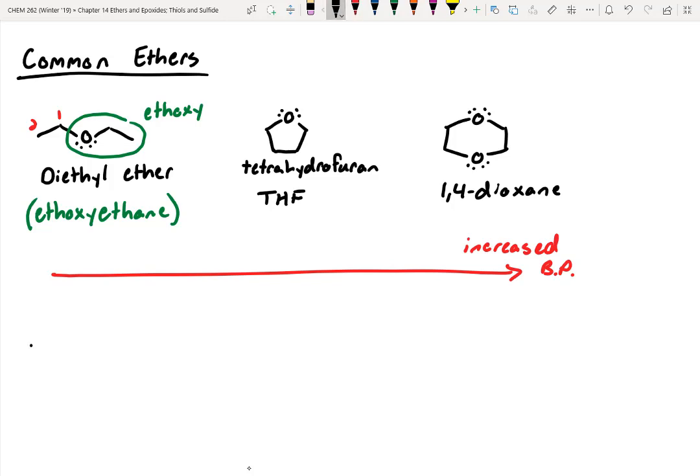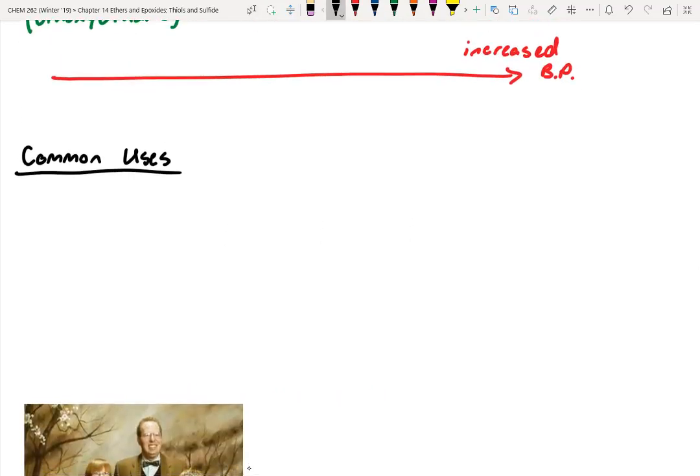All right, that leads us to the common uses of ethers. The first one I've already mentioned is it's a common solvent. It's nice to use diethyl ether because it evaporates so quickly and it's cheap. It's also a weak Lewis base.